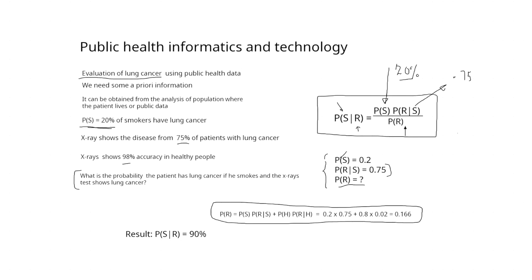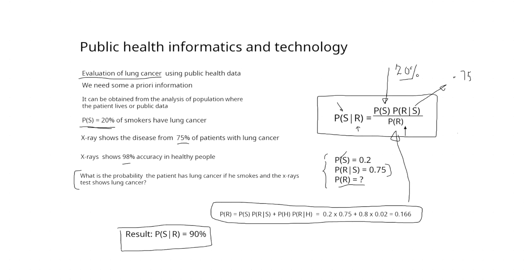We put this number in the denominator, and we have the result, which is 90%. So with 90%, the doctor is now sure that this person, who is a smoker and whose X-ray shows lung cancer, has it.